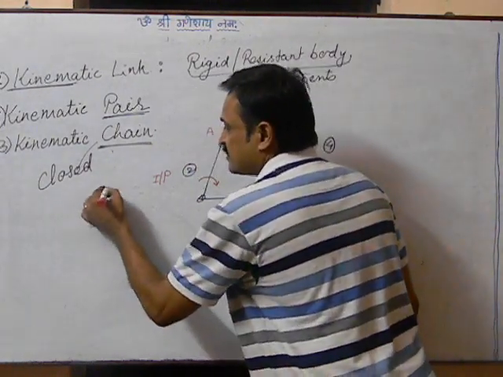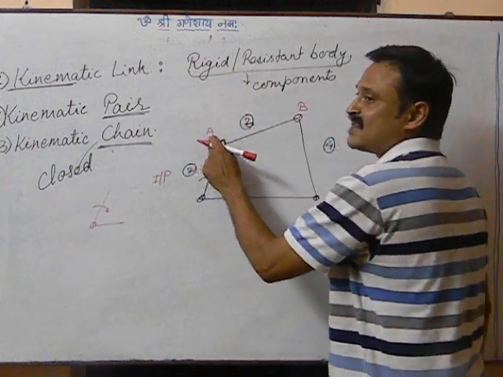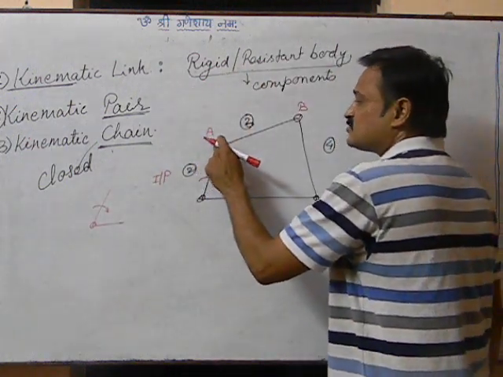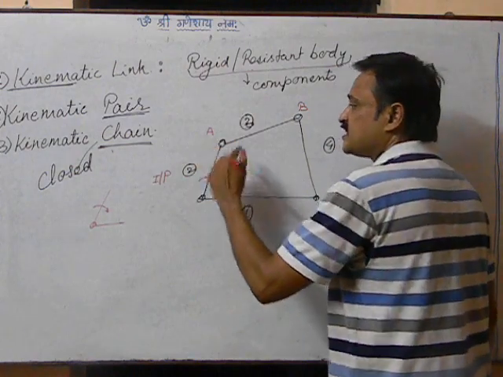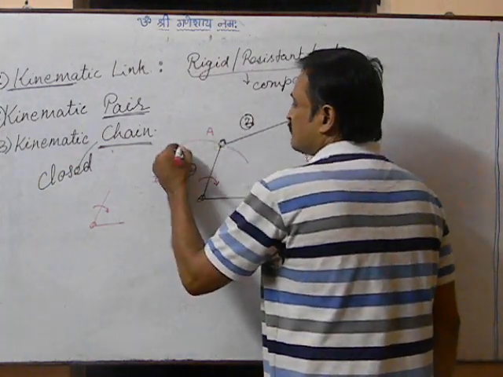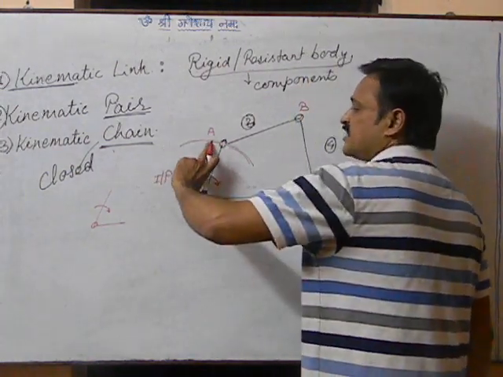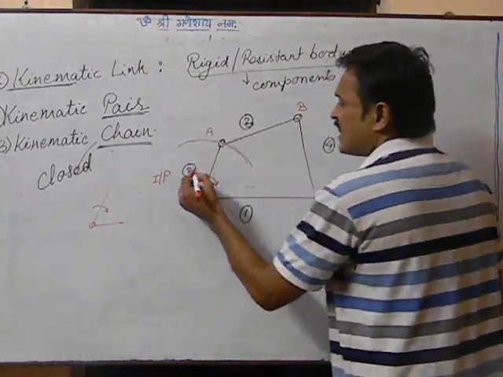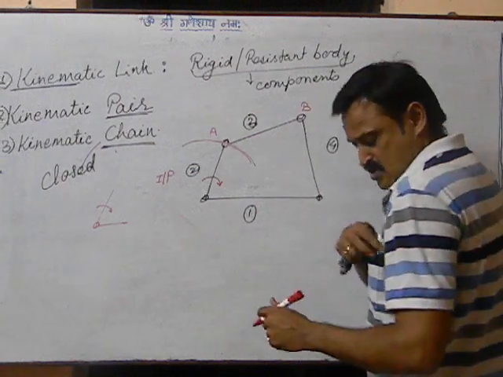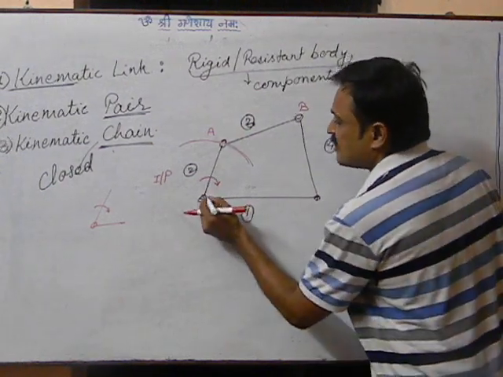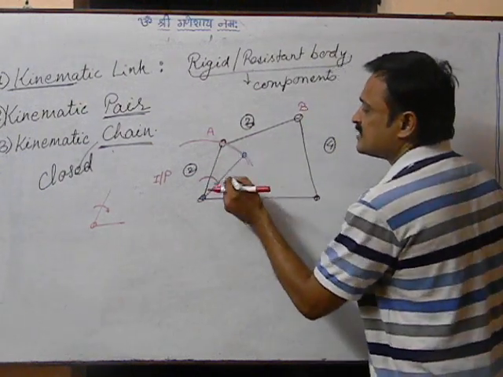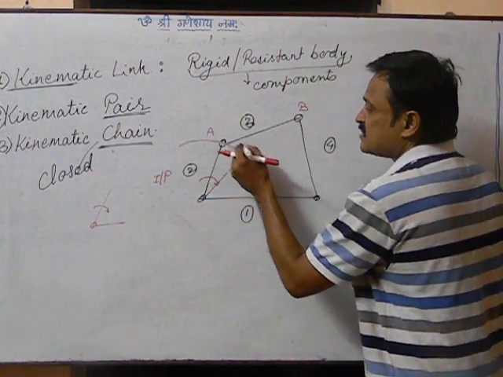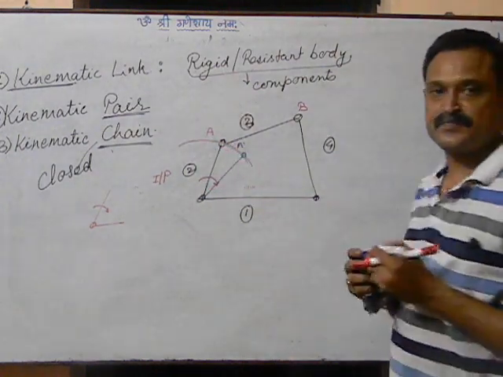When I am turning it, you'll see the path of joint A. As joint A is part of link 2, it will have a path with a radius equal to the length of link 2. So let us say I turn link number 2 by some angle theta. It takes this location, say the A dash position.